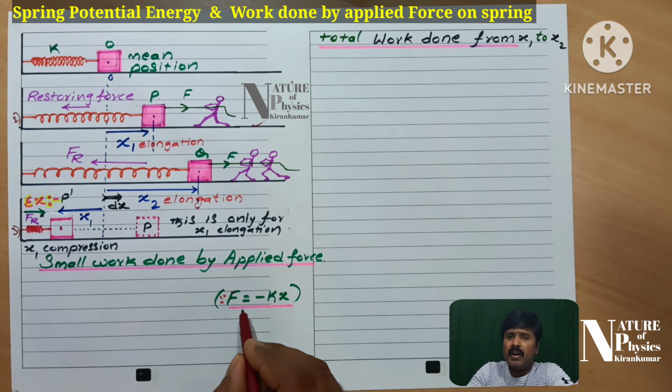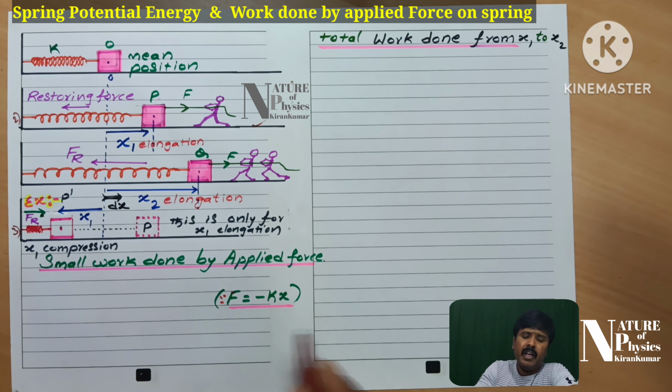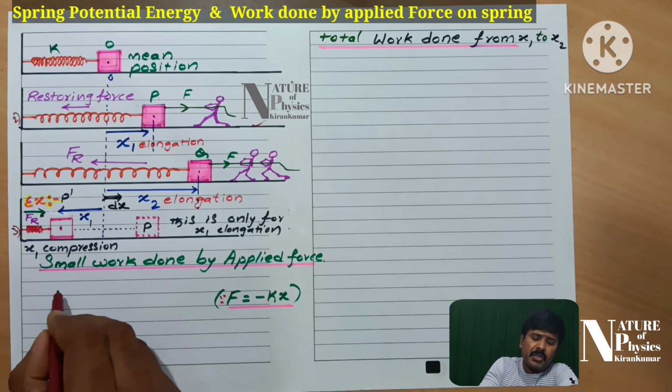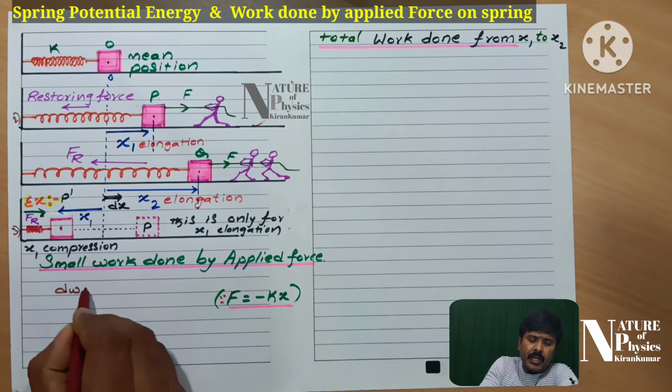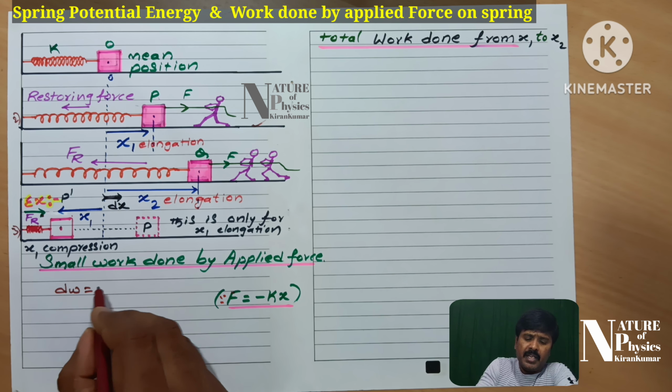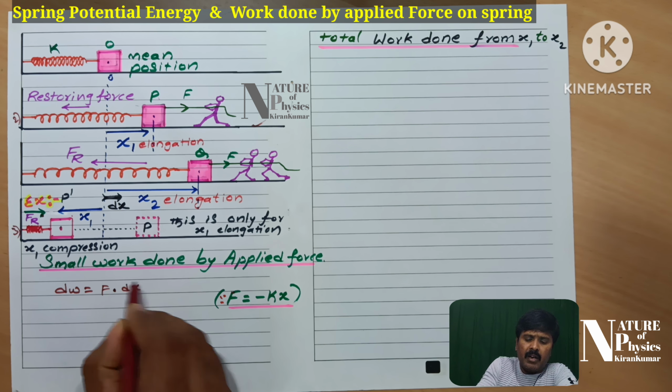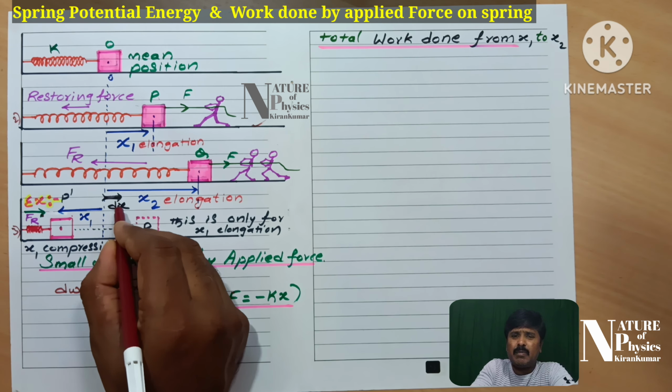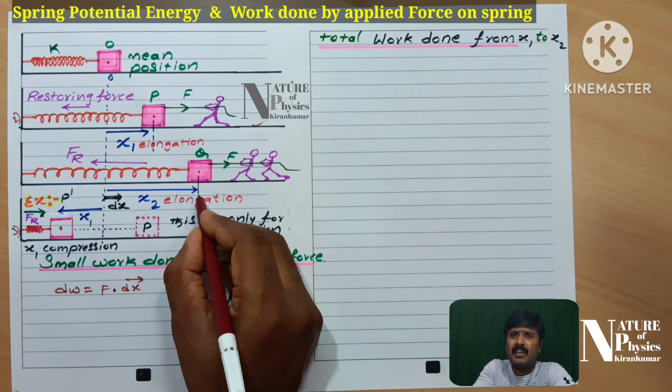So there is a small work done by the applied force. The applied force formula proof I already gave you on the previous page: F is equal to minus kx. For the small work done by the applied force, I can write dW is equal to F applied force dot dx bar, where dx bar is the small displacement in the direction of the elongation taken.